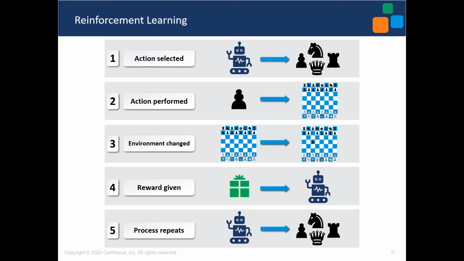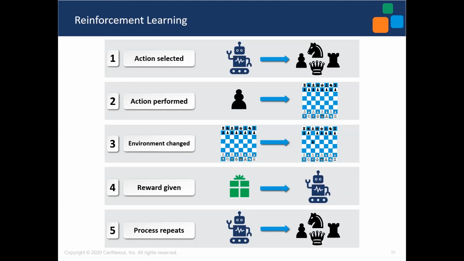Reinforcement learning is used more often in robotics, or in gaming, like chess, checkers, etc., where there's a typical outcome, and it's either right or wrong, and it's reinforced based on that. So that's exactly what reinforcement learning is. Essentially what happens is the algorithm selects an action from an available set of actions.